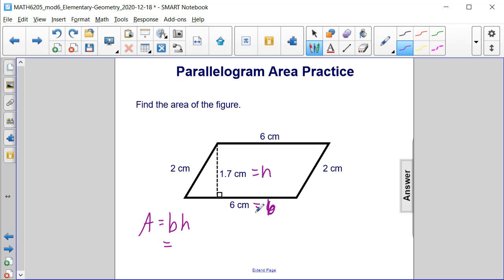So we have the base and our height labeled, so let's substitute them in. So we have 6 times 1.7, and if we calculate the area by multiplying these two values, we get 10.2 square centimeters as our final area.